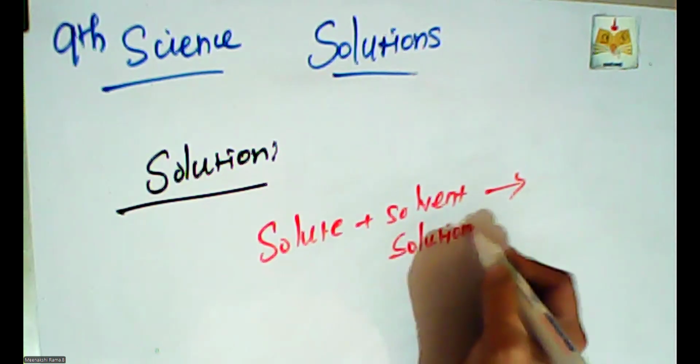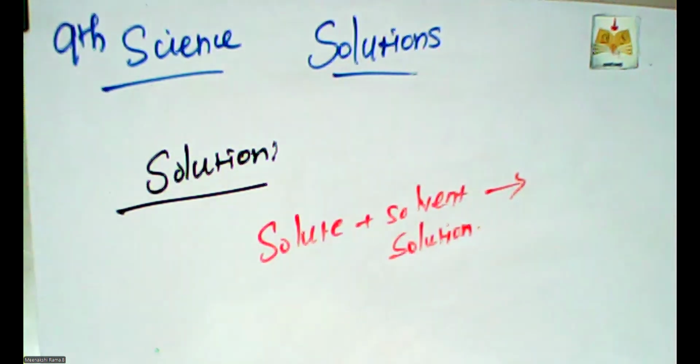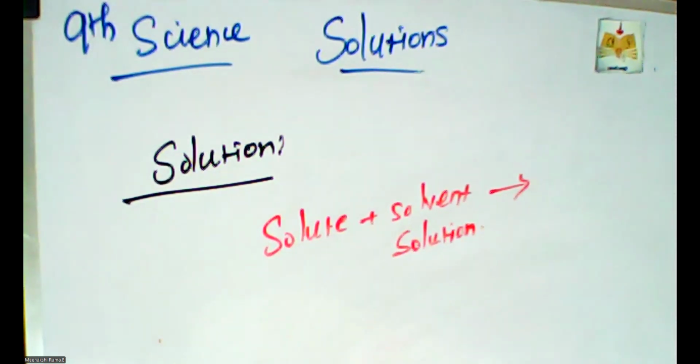In the last session we learned different kinds of solution depending upon the quantity of solute and solvent. But in today's session we are going to classify solutions depending upon the particle size.